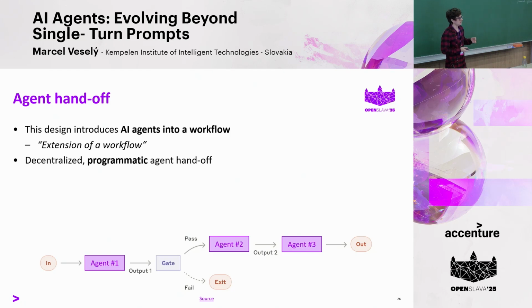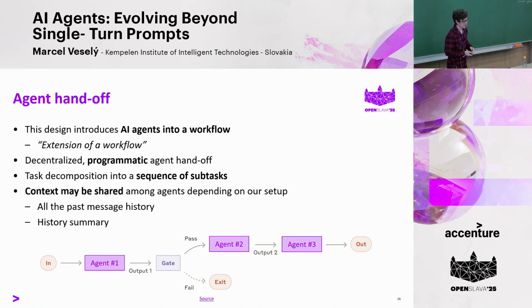This handoff is not chosen by performing tool calls, but rather you simply specify it in your code, and that's it. It's yet again based on the ideas of task decomposition, because you now need to specify your task or divide it into a sequence of subtasks, and context may be shared among agents, depending on our setup and the task you wish to work with.